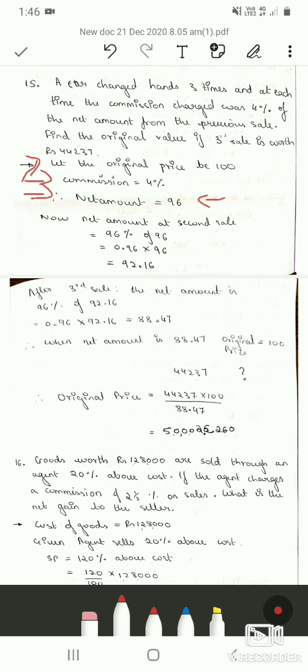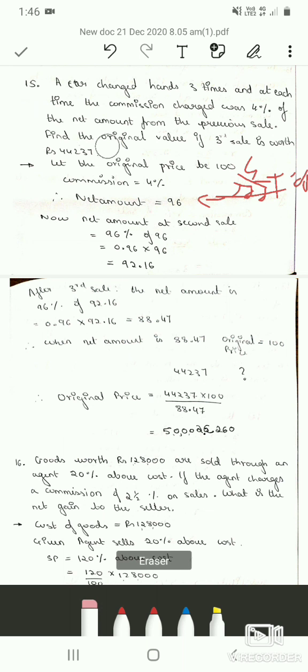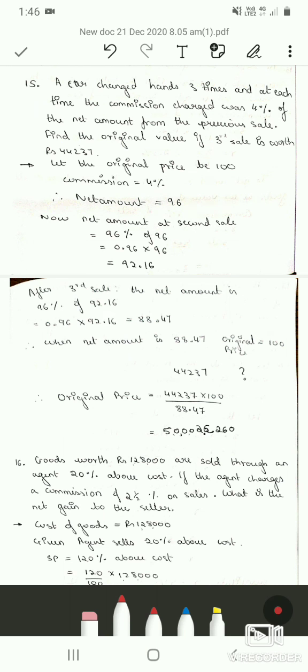When you try to obtain the commission, it would be 4 divided by 100 into 100, which is the original price. So this 100 and this 100 get cancelled, therefore the commission is 4 rupees. So you have to subtract it from the original price, which is 100. So therefore we got the net amount as 96 rupees.